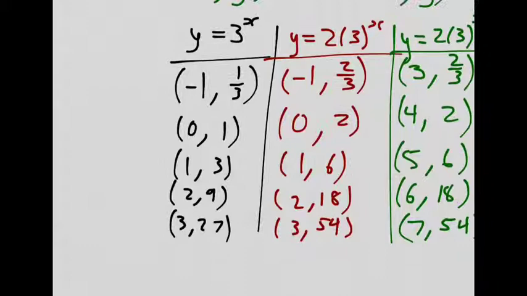So -1, 1/3. Let's plot that, which is going to be hard, but do our best. So -1 is about here, and going up 1/3, barely above the x-axis. Use a tiny point. Nope, that missed. There we go.